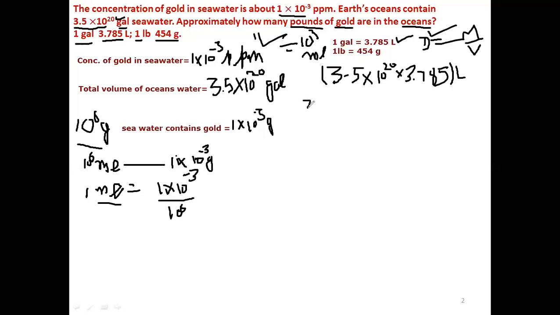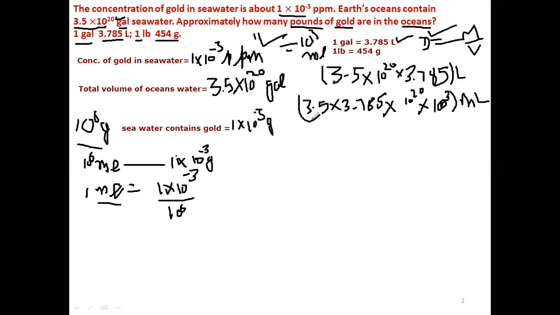So we get 3.5 into 3.785 into 10 raised to the power 20 into 10 raised to the power 3. This is the total volume of ocean's water in ml. If we multiply 3.5 with 3.785, the answer is 13.24.